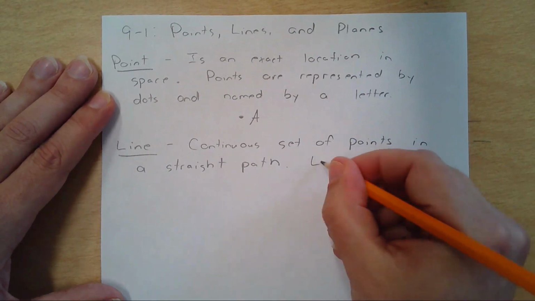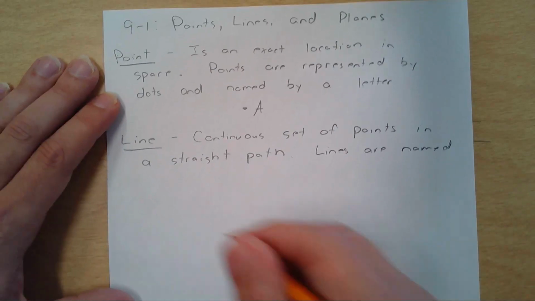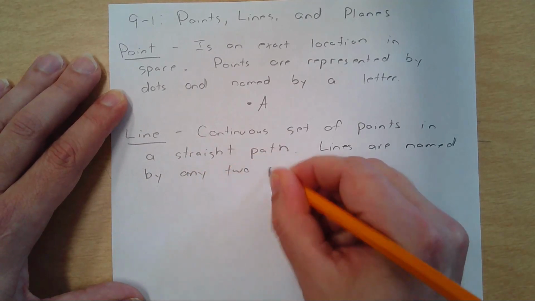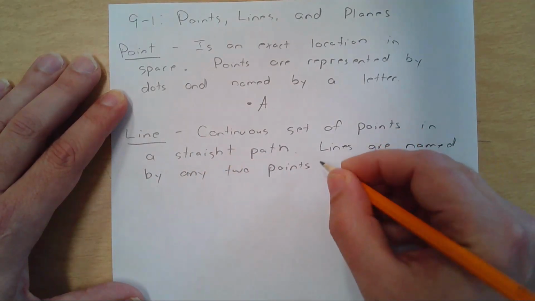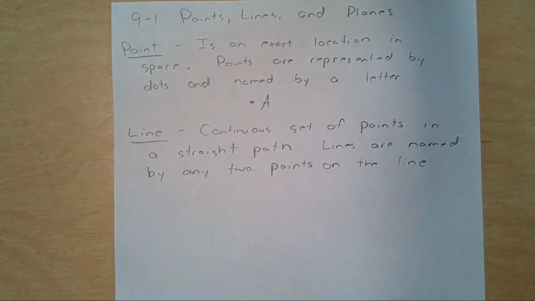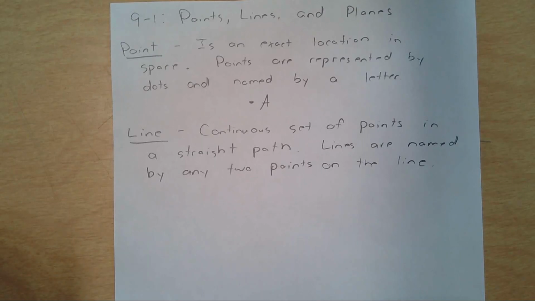Lines are named by any 2 points on the line. So, continuous set of points in a straight path.